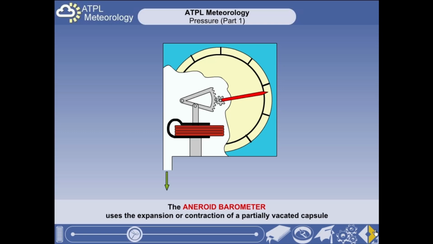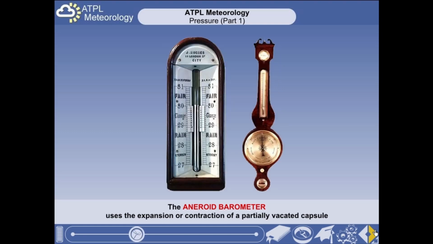Changes in air pressure make the chamber expand or contract, moving a needle on a dial. The dial may be scaled in millibars, inches, or millimeters. These light and portable barometers are widely used in homes, offices, and schools, and importantly for us, in aircraft.